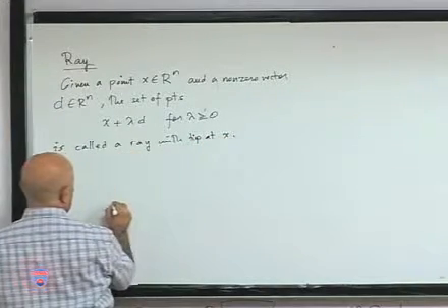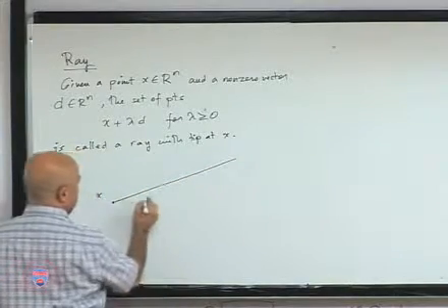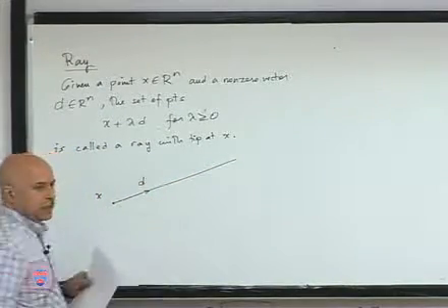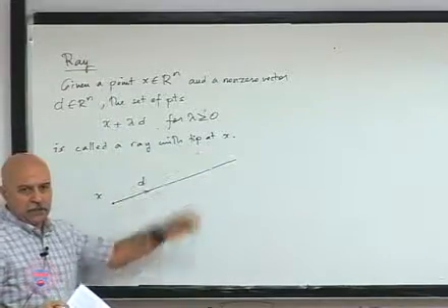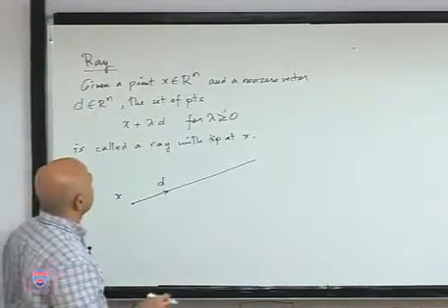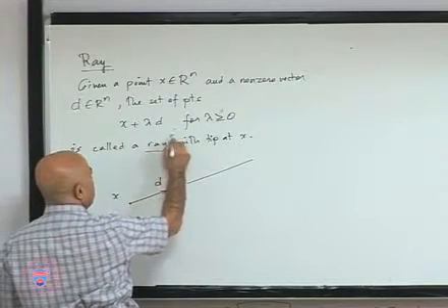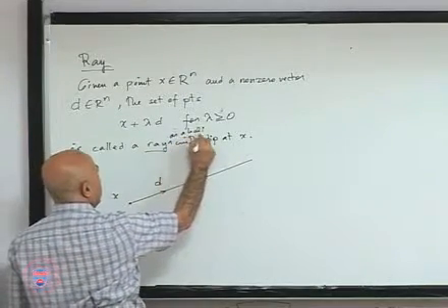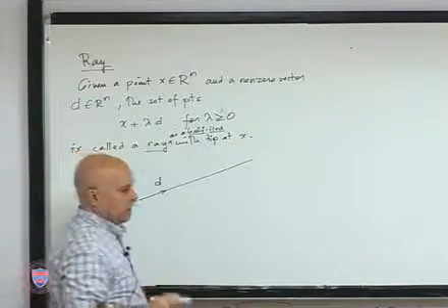So if x is here, then d points this way, and any non-negative multiple added to x will generate a half line like that. Okay? Half line or ray.